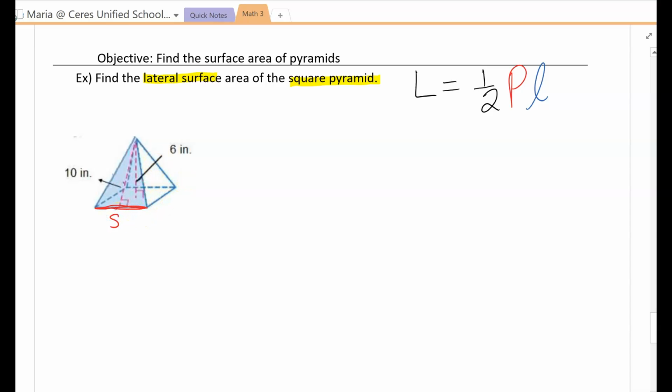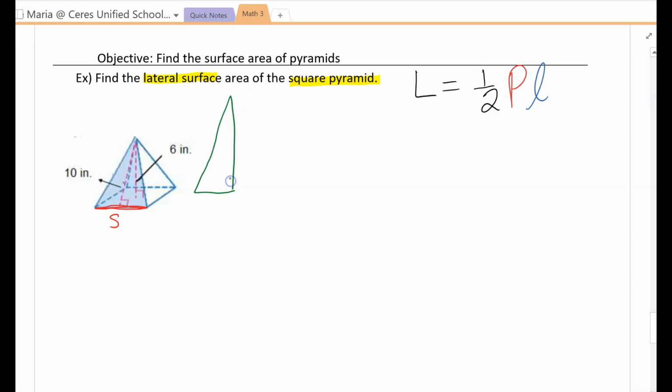So first you're going to have to figure out what the side of the square is in order to find the perimeter. Okay? So in order to do that, I'm going to break this up into pieces because I can use this inner triangle here to solve for the side. So I'm going to redraw this triangle.